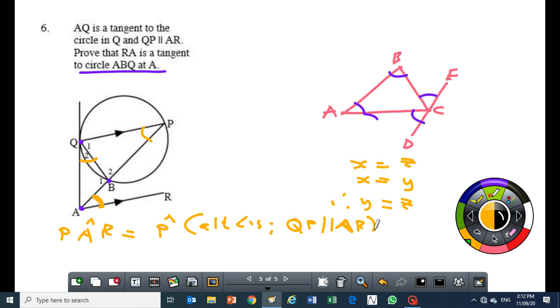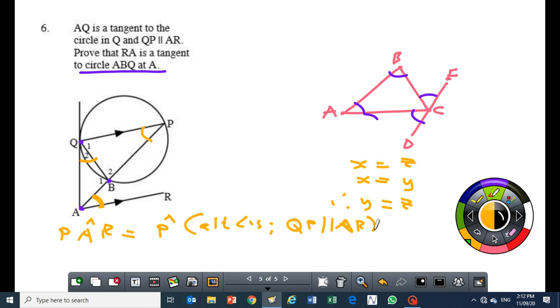Then, one of these two angles is equal to Q2. At this stage it can be this angle, because we need to prove that this one is equal to that.